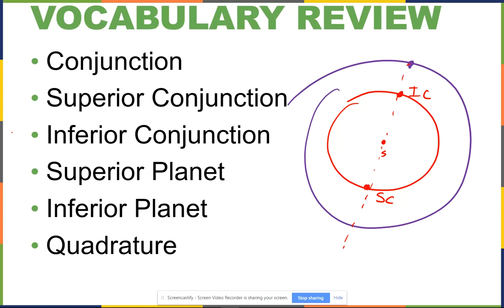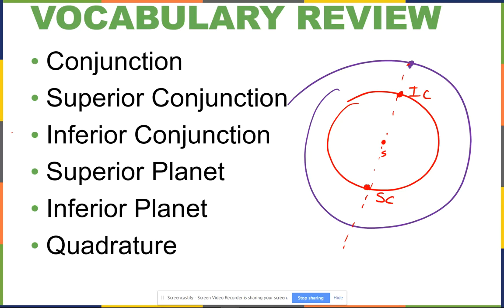Yes. That confuses me because the sun's like a circle. Well, we're going around the sun. Because we're all going around the sun at different speeds, there are only specific times when they're going to line up when these words apply.